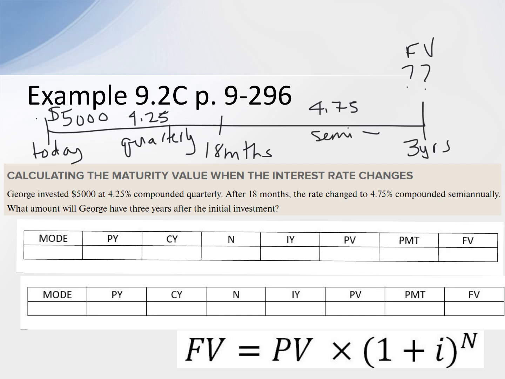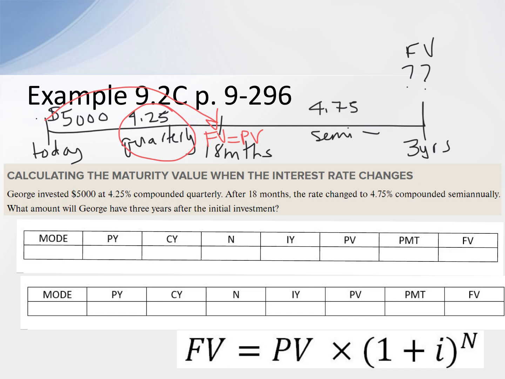So what we're going to have to do here is break this up into time segments. We're going to have to find the future value of the $5,000 at 18 months under these conditions, 4.25 quarterly. And at this point, we're going to make this future value equal to the present value for the next time segment.